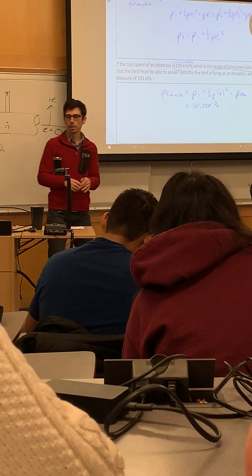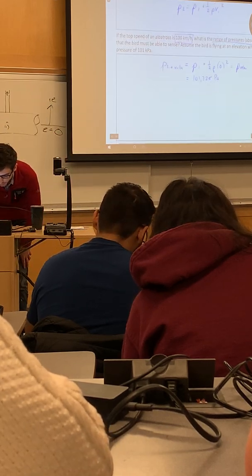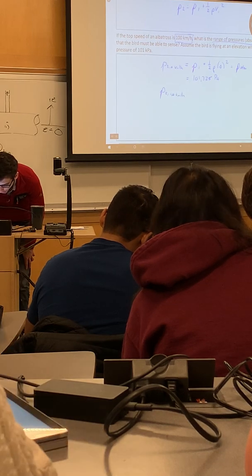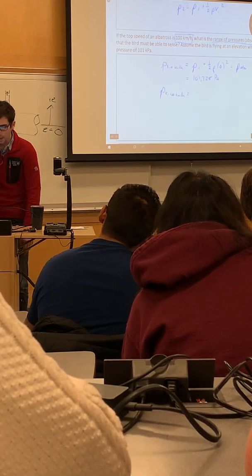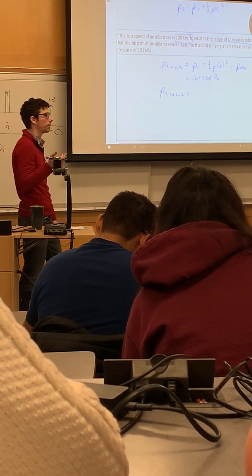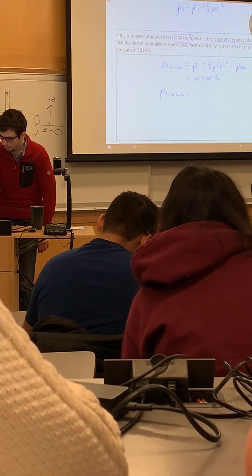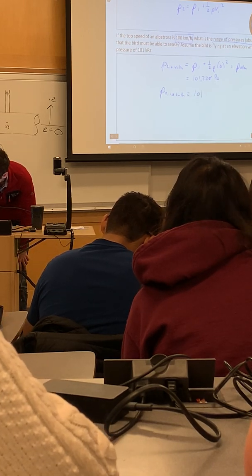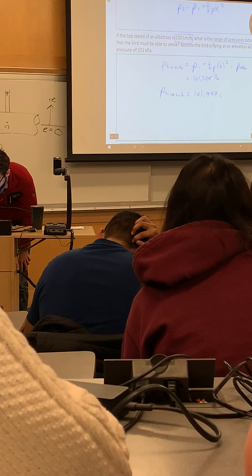Just ambient pressure. And then we can resolve this equation for P2 at 100 kilometers per hour, which requires a little bit of unit conversion and knowing the density of our fluid, which is air. Right. So if you work through that, you should end up with 101,797 pascals.